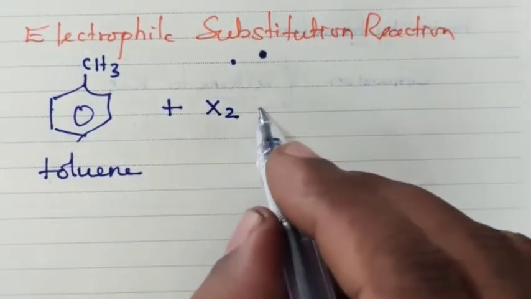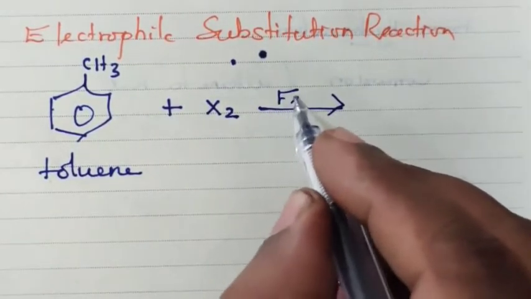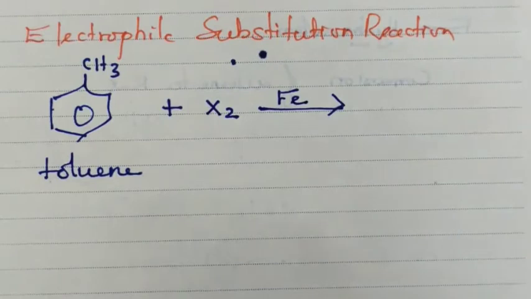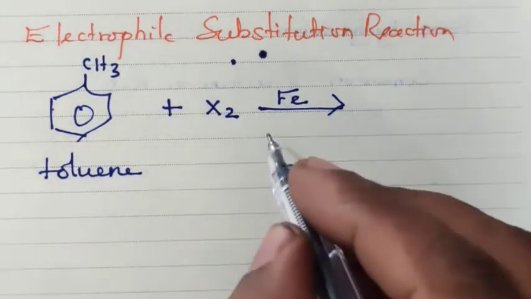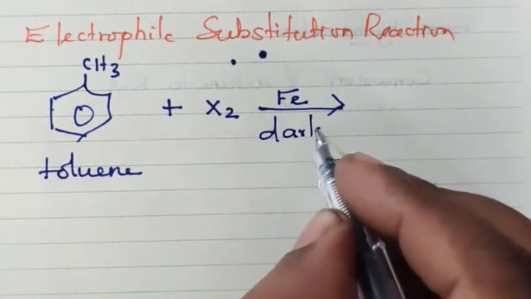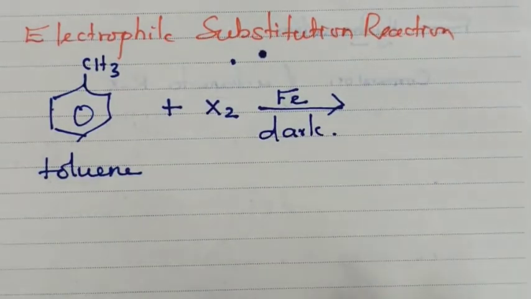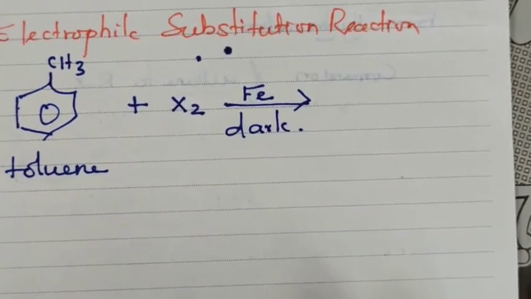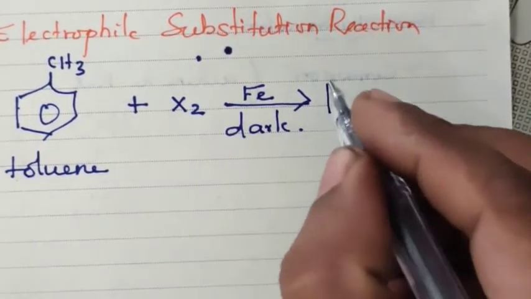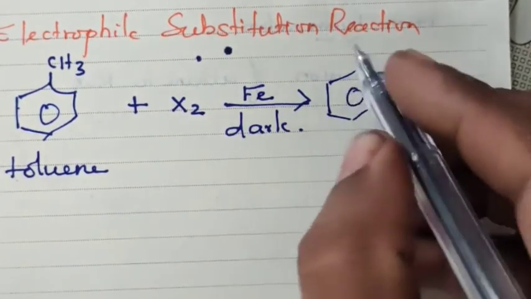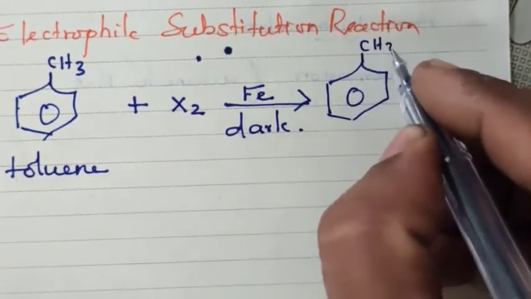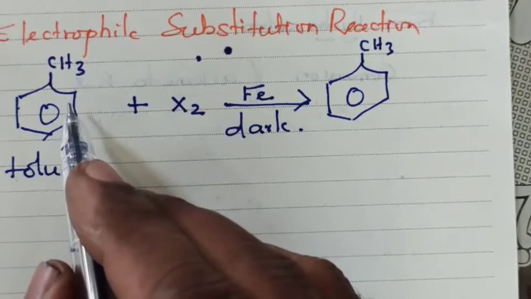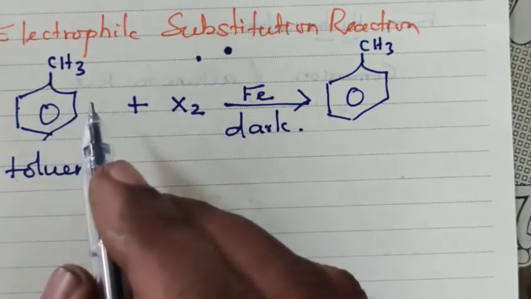This reaction takes place in the presence of iron as catalyst, and also this reaction takes place in dark, that means in the absence of light. How the reaction takes place is, we are getting the same toluene, the ortho position means 1, 2 position.